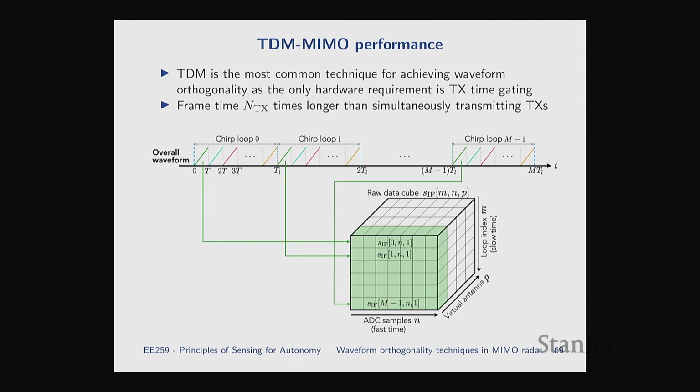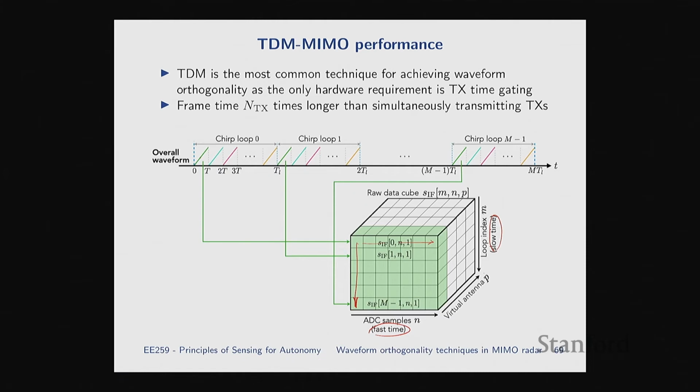So you have your ADC sampling rate, that's your fast time axis, right? Those are like the rows of the raw data cube. And then you have your slow time, which if you remember, the sampling rate is the time between two consecutive chirps that are transmitted from the same transmitter.